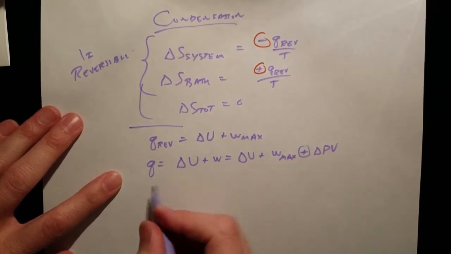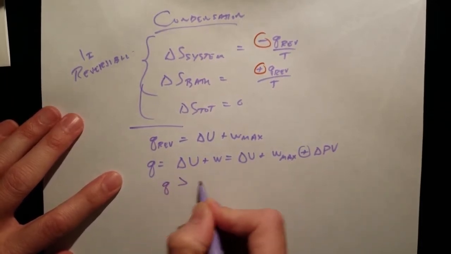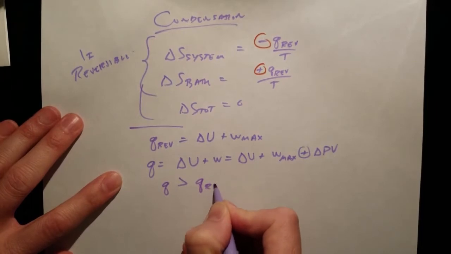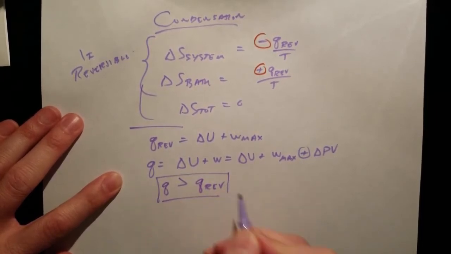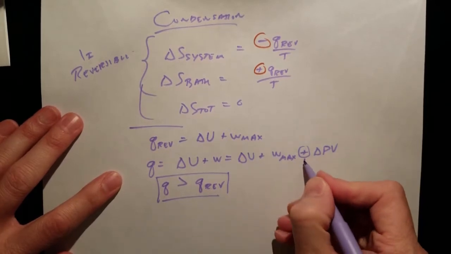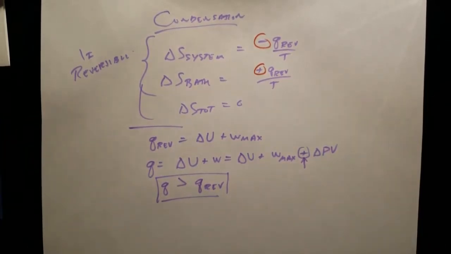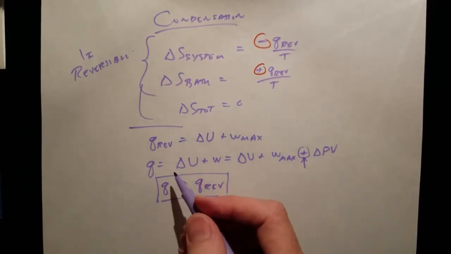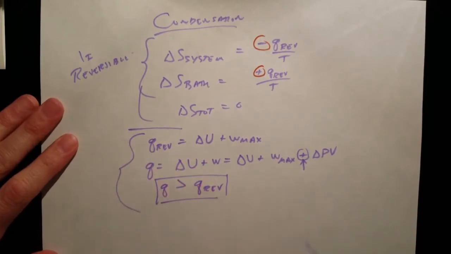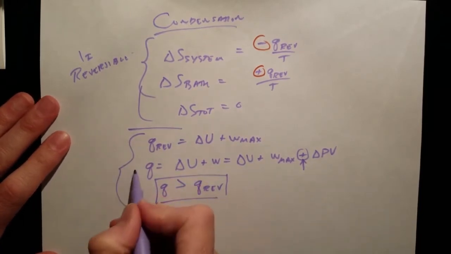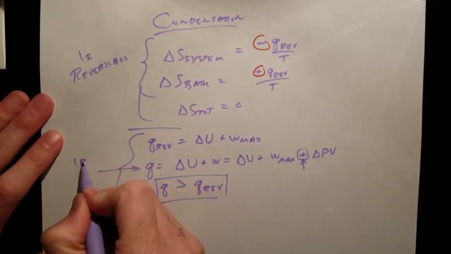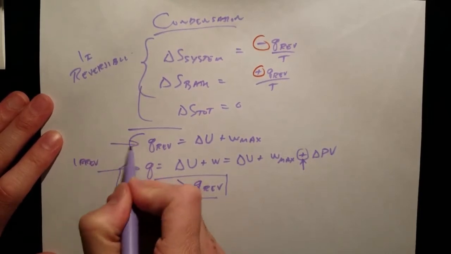So we now have Q is greater than Q reversible. And our sign comes into play there. That's for irreversible, and that is for reversible.